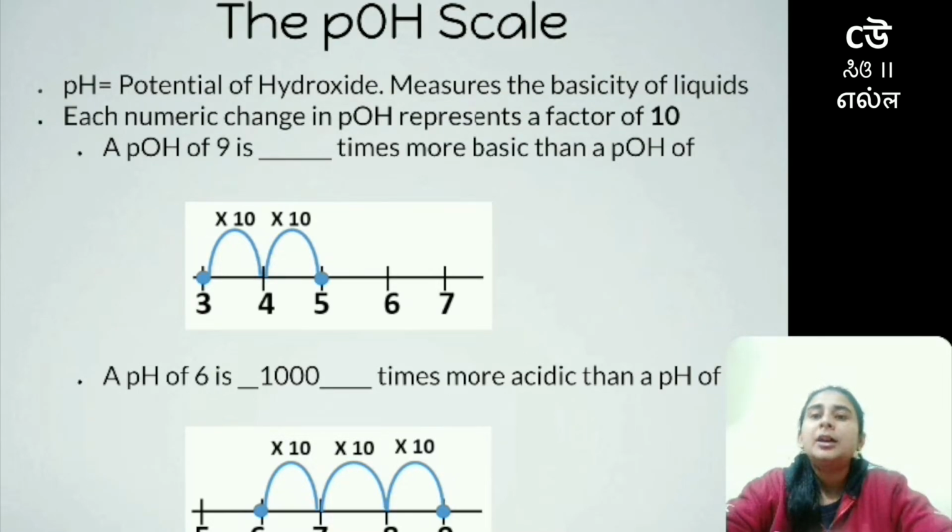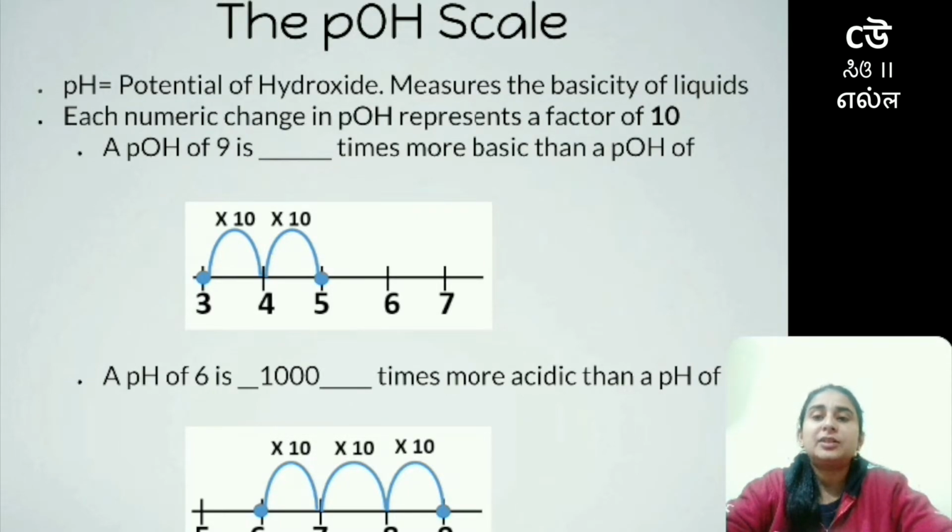So here we have some examples of pH scale where they are explaining to us how we can measure the basicity of liquids. So just like acids, here each numeric change in pOH will represent a factor of 10.